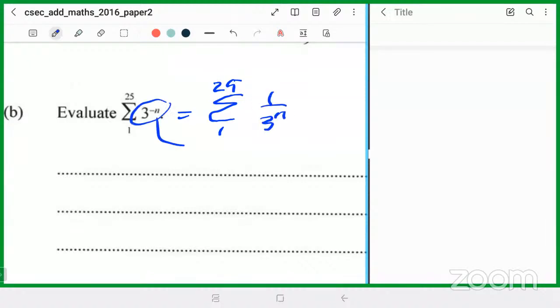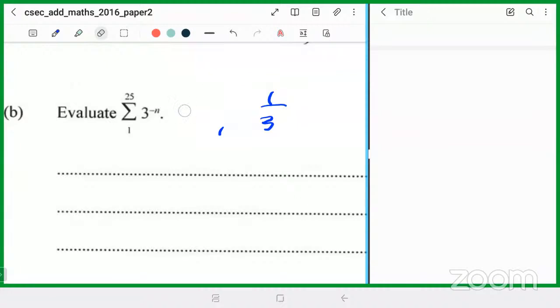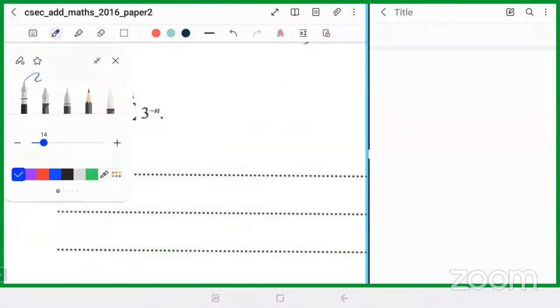That's what this is. I'm going to write all the negative powers as 1 over 3 to the n.